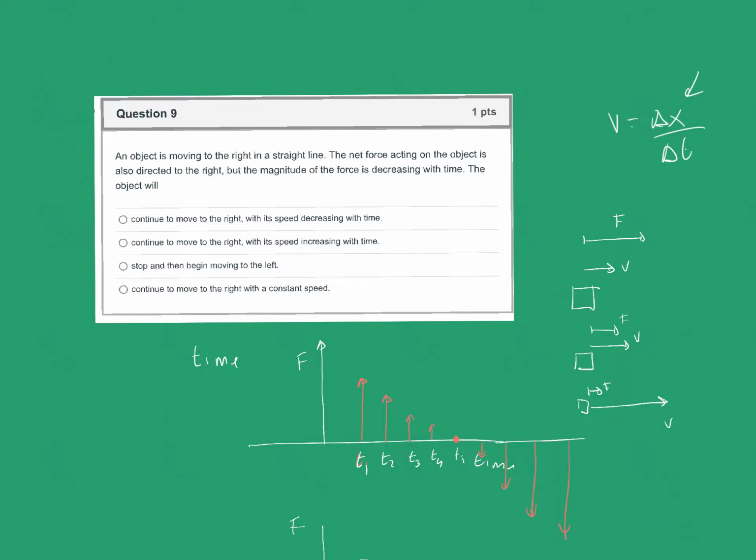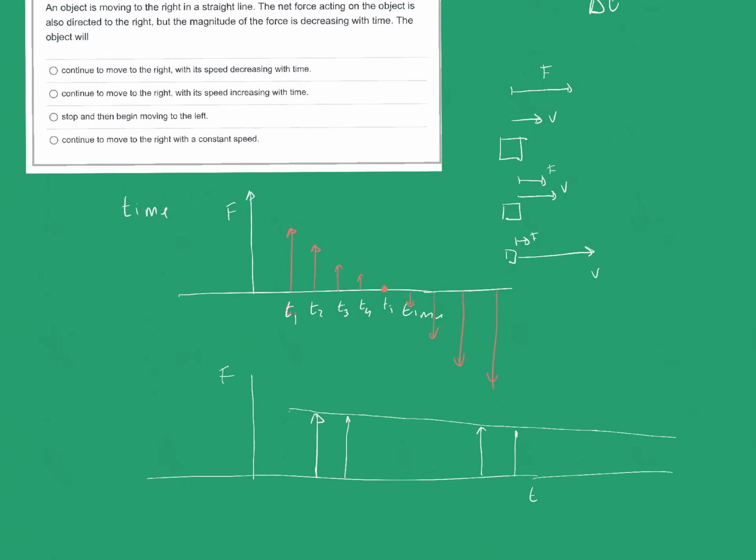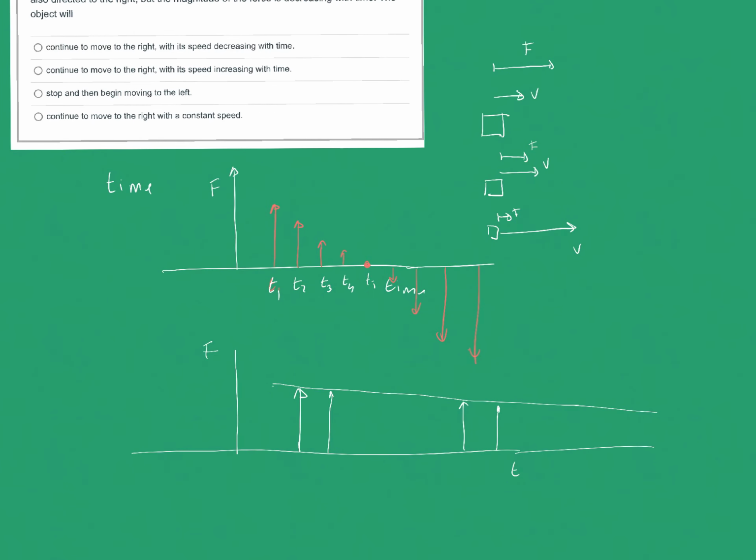At the beginning, I thought that maybe the problem they were asking was a force that is decreasing and later on is negative. But this is not the problem. The problem they ask is a force that is slowly decreasing.